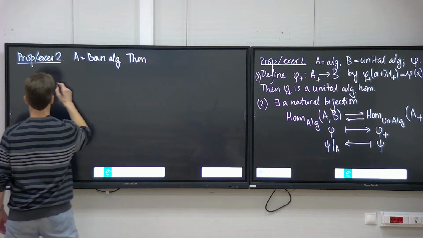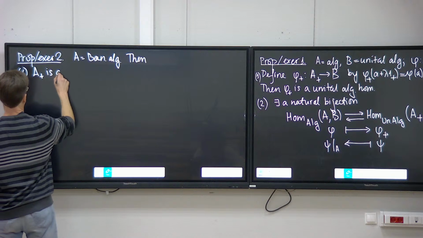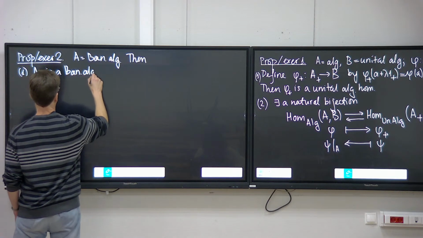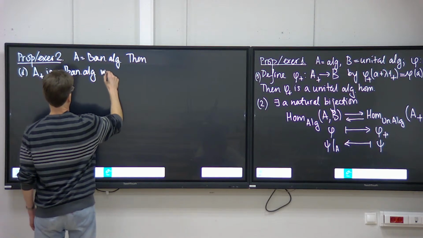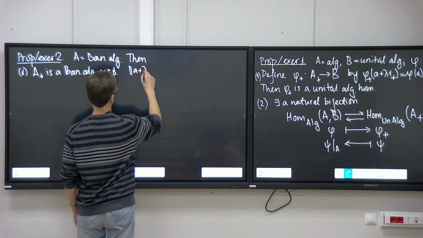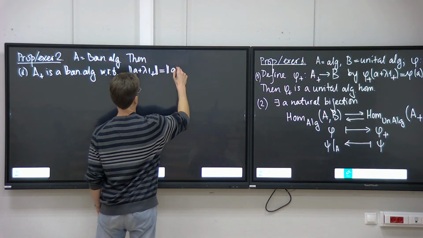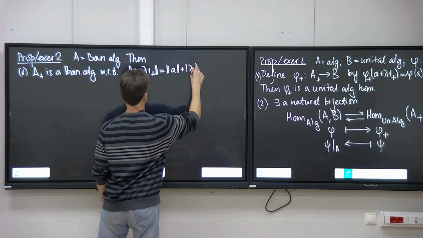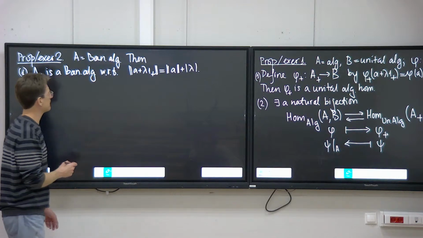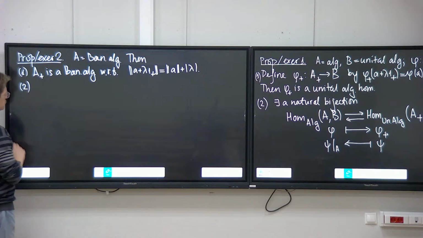Then, first of all, A plus is also a Banach algebra with respect to the following norm. We define the norm on A plus by the following formula: the norm of a plus lambda 1 is the norm of a plus the absolute value of lambda. So the unitization of a Banach algebra is also a Banach algebra.